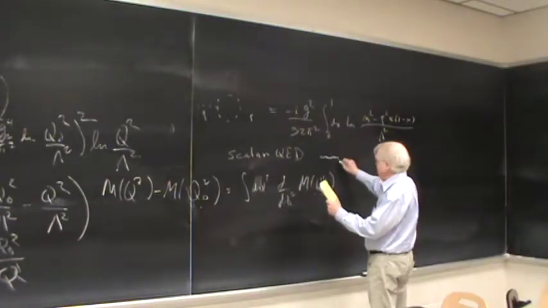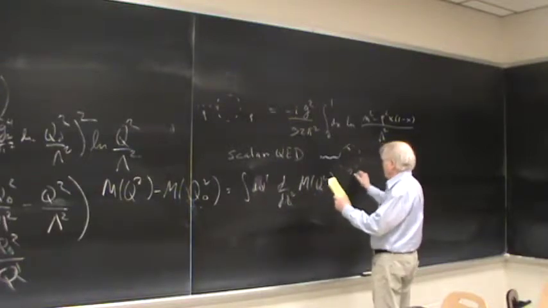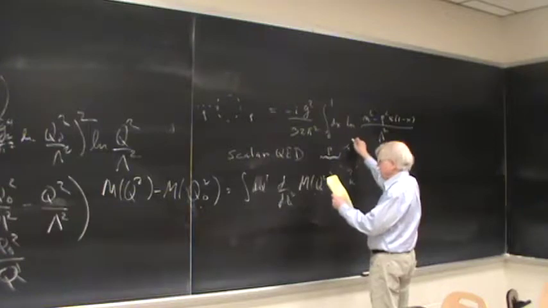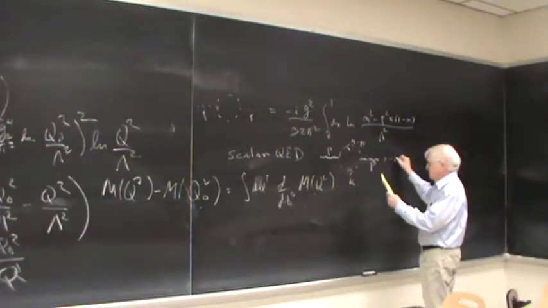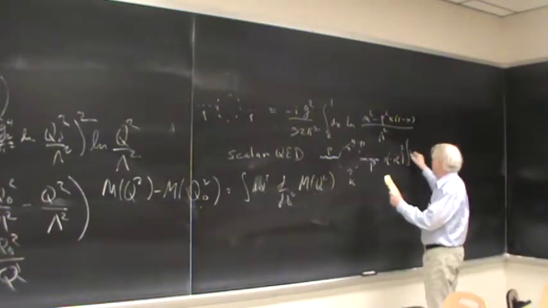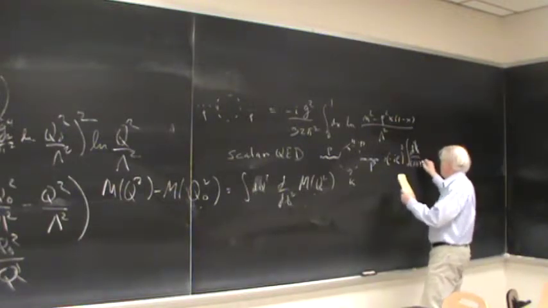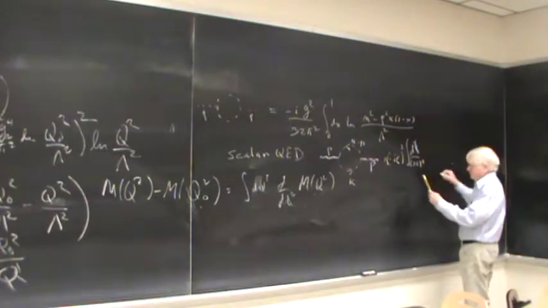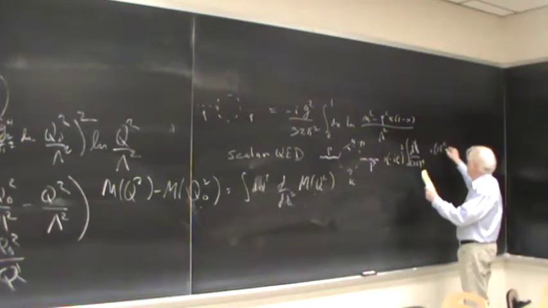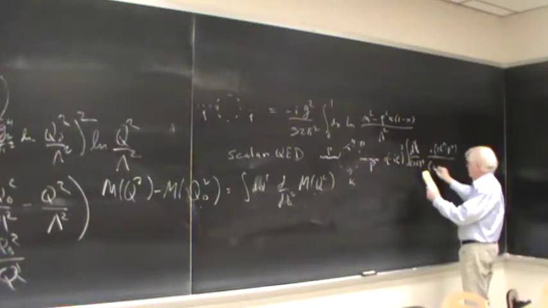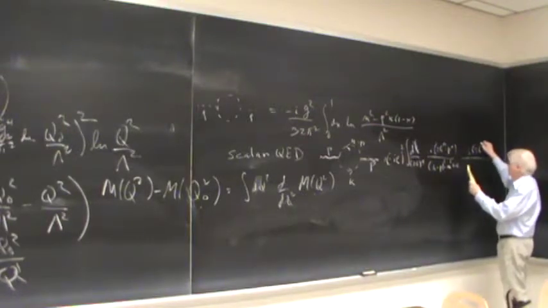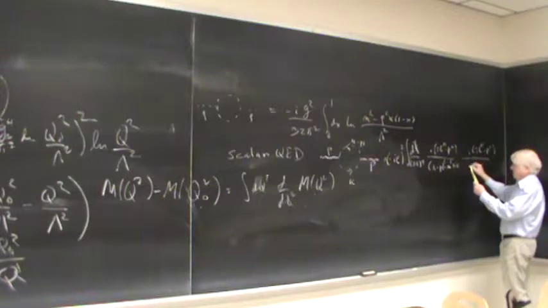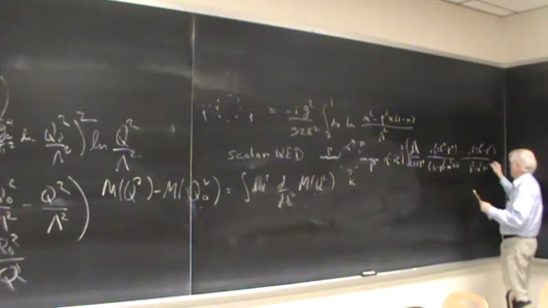So what we've got then is a photon, and then we've got a loop. Here's P, K, K minus P, photon goes along P, and this turns out to be minus i e squared integral d4k over 2 pi to the fourth, and now we have i over (2k mu minus p mu) over ((k minus p) squared minus m squared plus i epsilon), and then i (2k nu minus p nu) over (k squared minus m squared plus i epsilon).